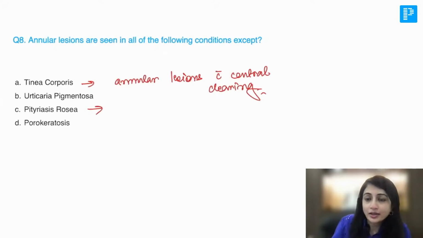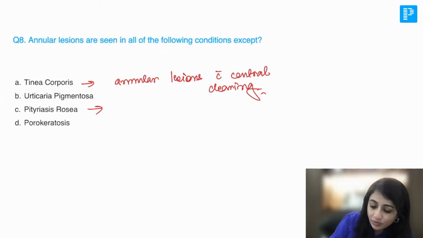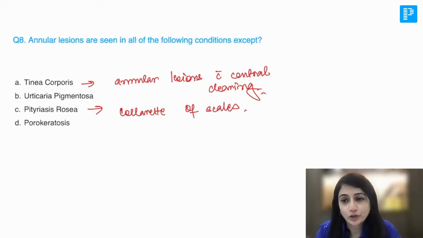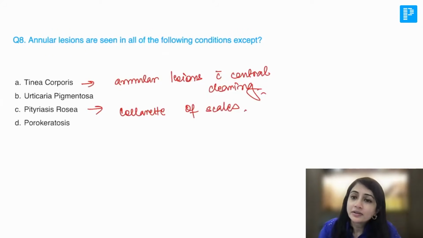Pityriasis rosea, again, we know we have annular lesions with peripheral collarette of scales. This we all know. How about urticaria pigmentosa? Did anywhere in urticaria pigmentosa we talk about annular lesions?